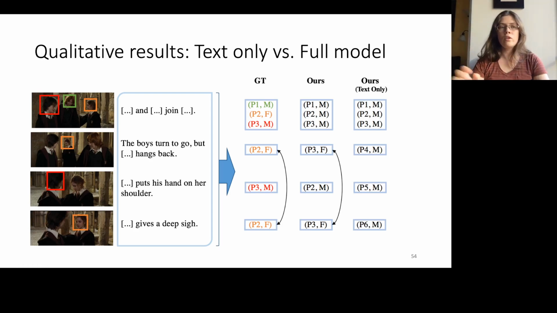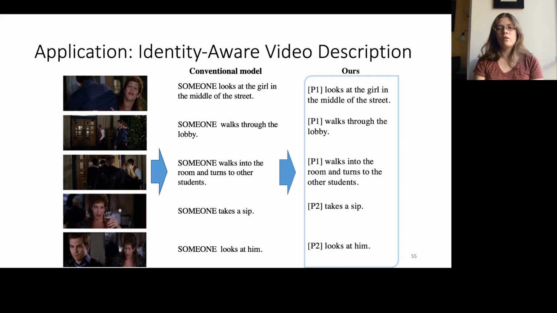So one interesting use case for this fill-in-the-blank task is that it allows us to perform identity-aware video description. So conventional description models give us these someone-looks-at-someone types of descriptions, while now we can go and basically relabel all these someone predictions with IDs and get a much richer and much more informative story out of this.